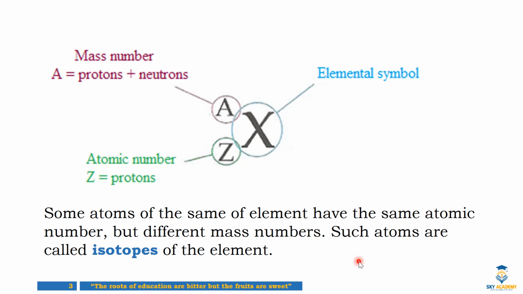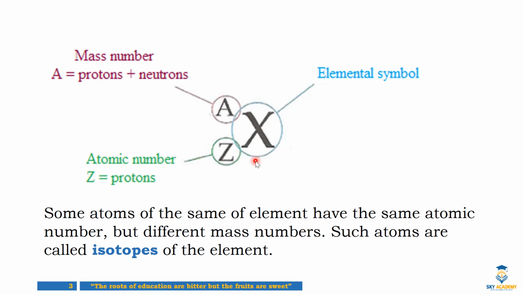Means that those three atoms have the same number of protons, or simply they have the same atomic number, but they have different mass number. The first one has atomic number of 8 and the mass number of 16. The second oxygen has atomic number of 8 and the mass number of 17.